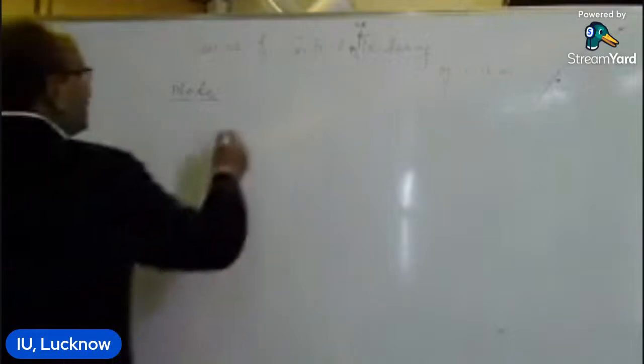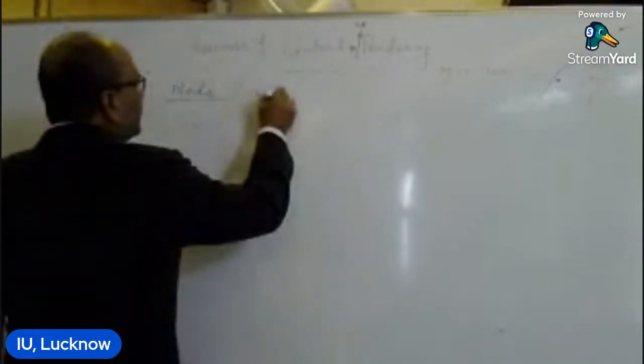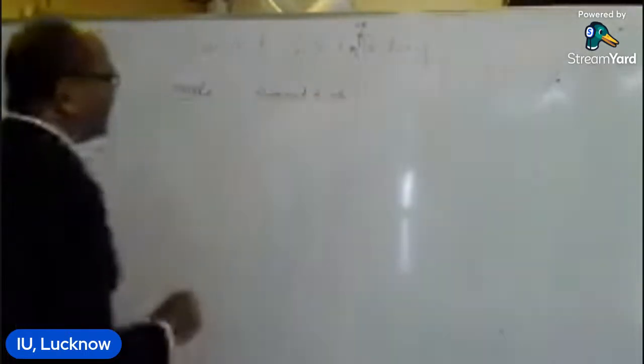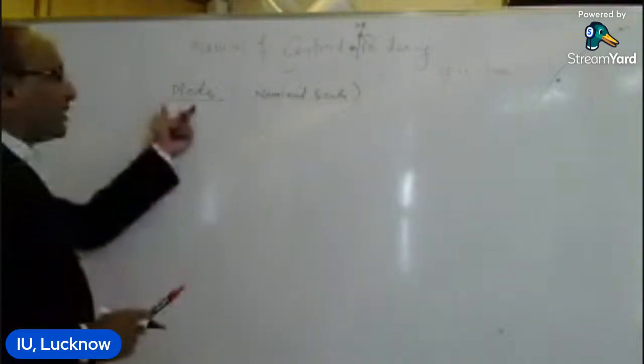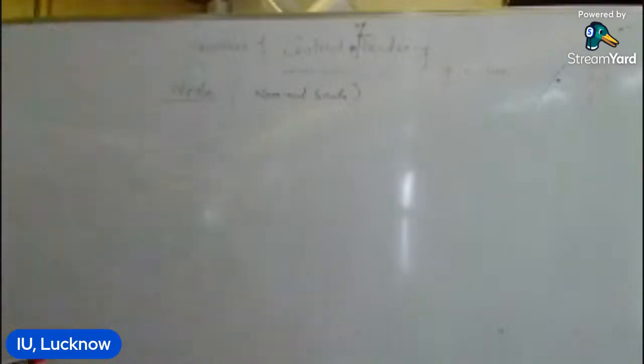So mode is used when the data is on a nominal scale. Mode is that value which has the maximum frequency, maximum repetition of observation.